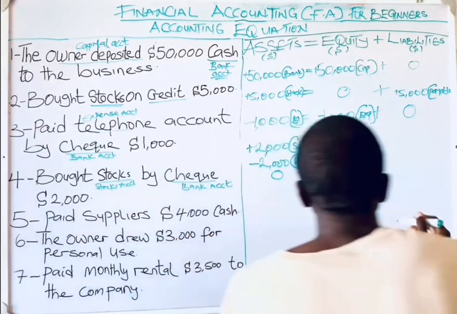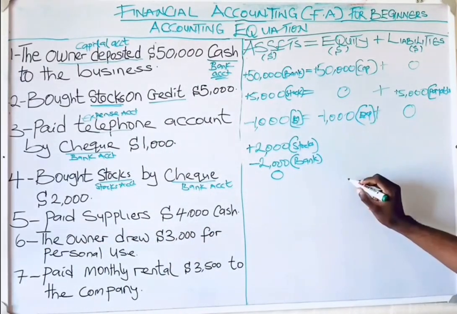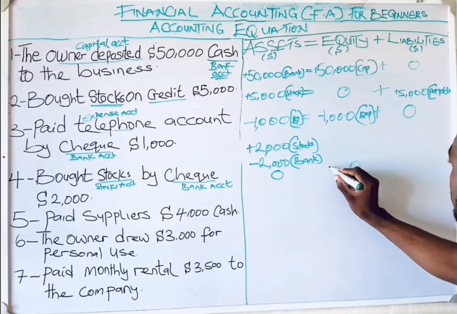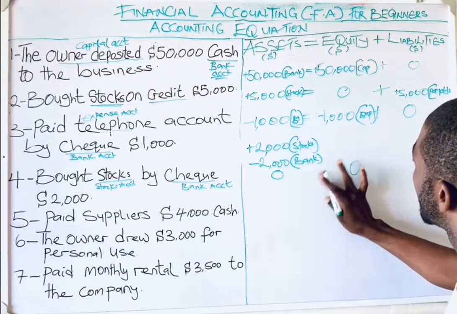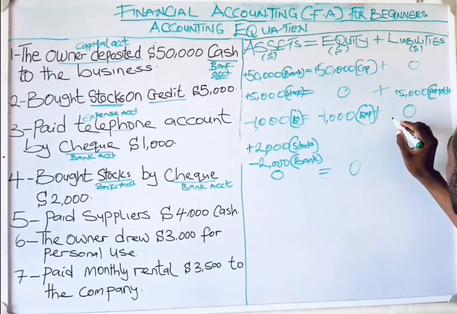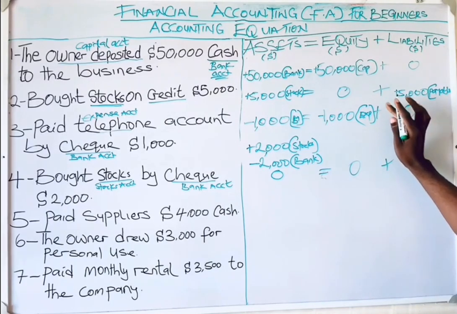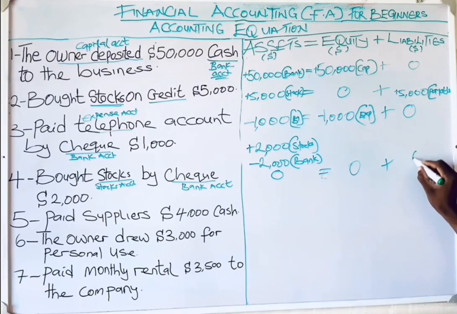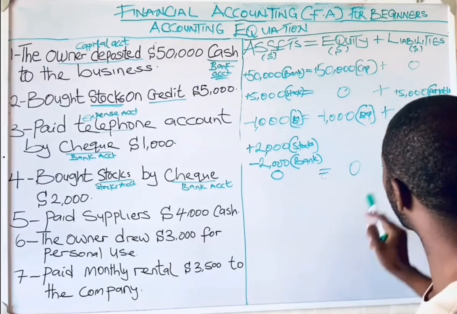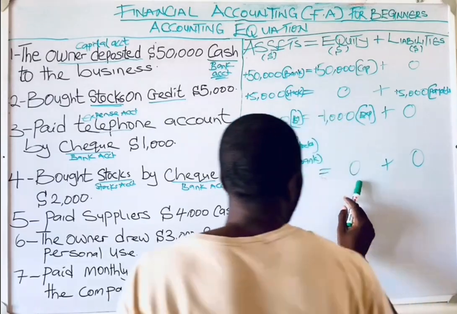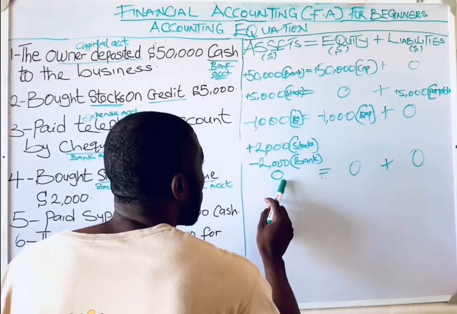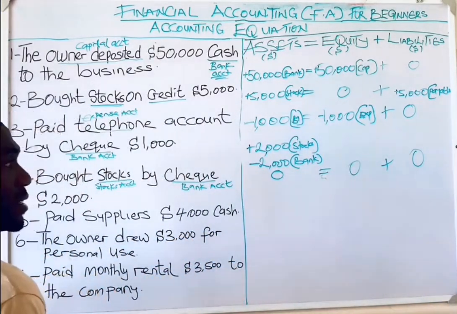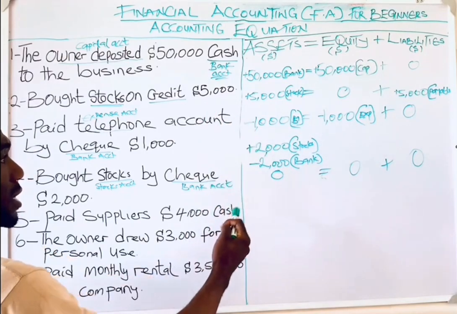So you come to your equity, you say 0 equals 0 plus your liability, which is 0. So the liability is 0 plus equity 0. It will give you your 0 assets. So this equation is balanced.